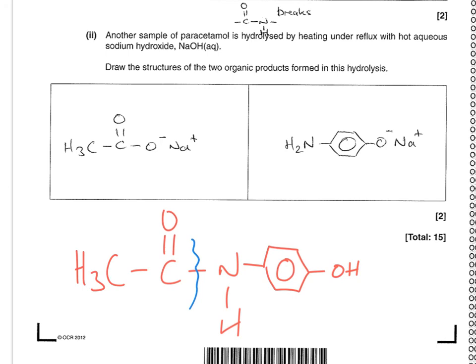This will become a carboxylate salt, so we're going to get O minus Na plus on the end here. And this part of the paracetamol, well, the NH will become an NH2 group, but beware, we've got an OH group here, and that will also react with sodium hydroxide just like it did with sodium, and so we're going to get the phenoxide again, this sodium phenoxide group, so O minus Na plus.